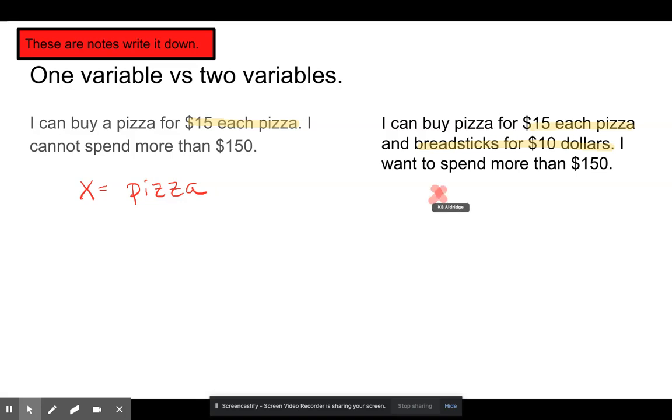X is pizza. Y is breadsticks. Please take a moment to write that down. Again, one variable, one thing changing. Two variables, two things changing.